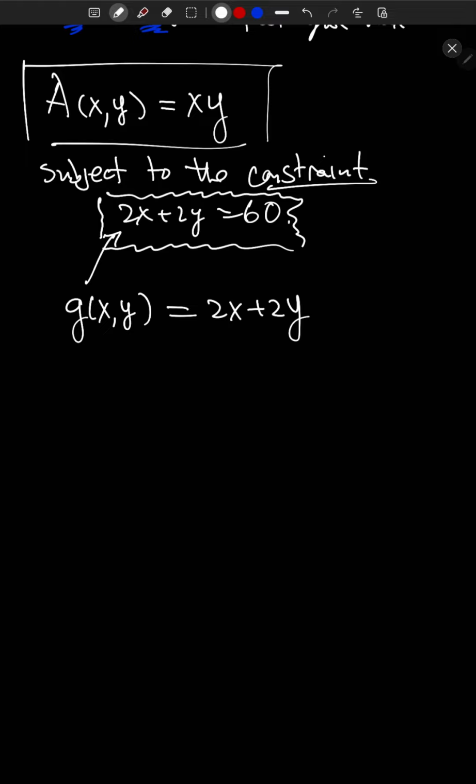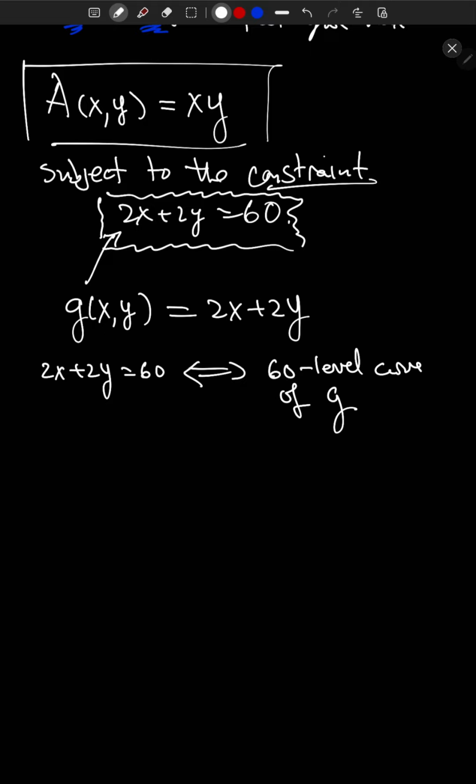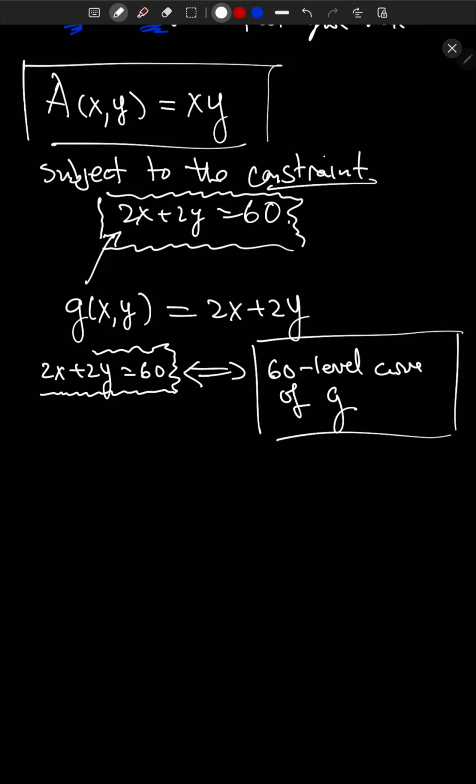Okay, this works because 2x plus 2y equals 60 is my 60 level curve of g. All right. So that's what I'm looking for, right? I want this equation here to represent a level curve of the function g.